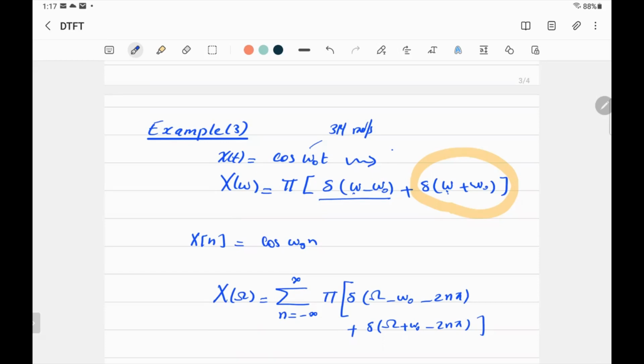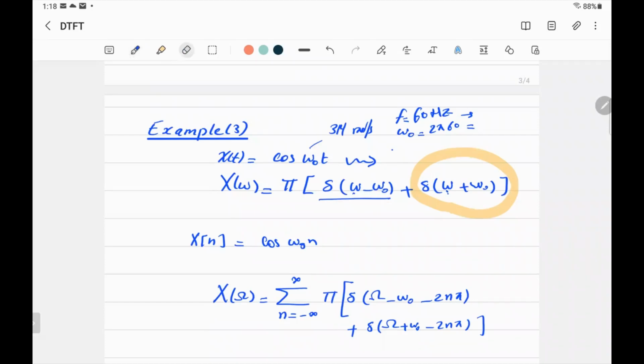You have 60 hertz, and you want to find the corresponding omega naught, or say 2 pi f, 120 pi. So 120 times pi, it will give you 376.